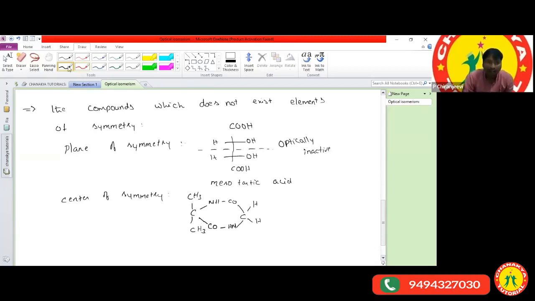Now I'll write a small modification here: CH3 bond CH3. Now we can check it out. This is the one structure they had given.